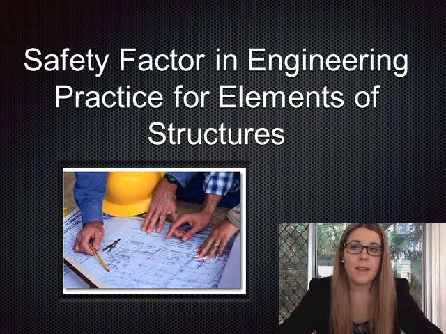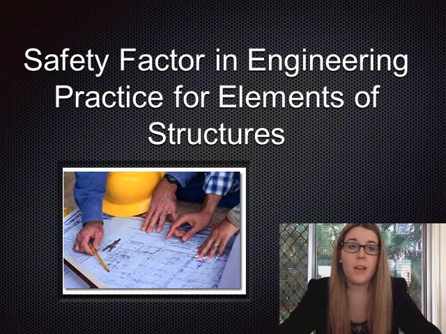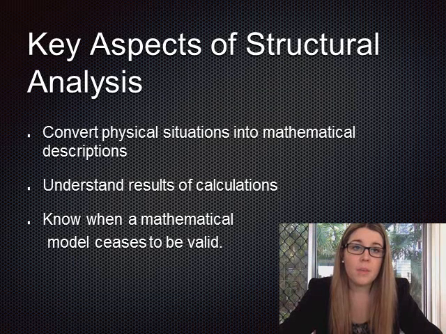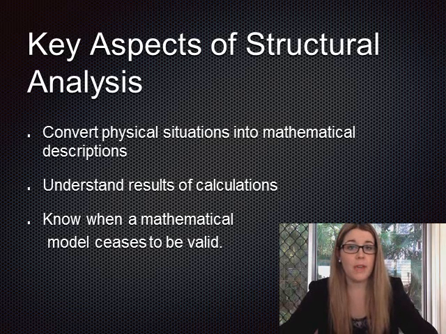So let's now consider safety factors in engineering practice for elements of a structure. Firstly, we'll have to develop the key aspects of the structural design analysis. So this will include converting physical situations into mathematical descriptions, understanding the results of the calculations, and also knowing when the mathematical model ceases to be valid.